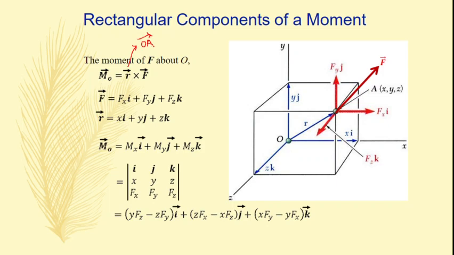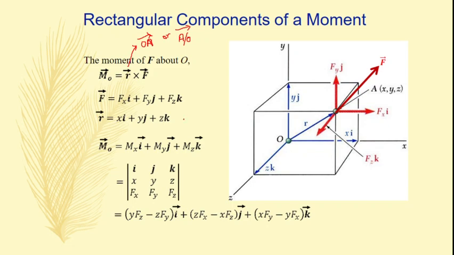Because this vector acts from O to A, otherwise we can write it as A slash O. We can write this either way, both are the same.